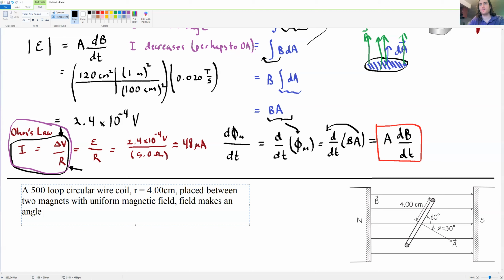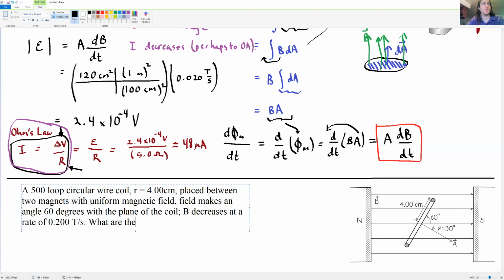The field makes an angle of 60 degrees with the plane of the coil. B decreases at a rate of 0.200 Tesla per second.